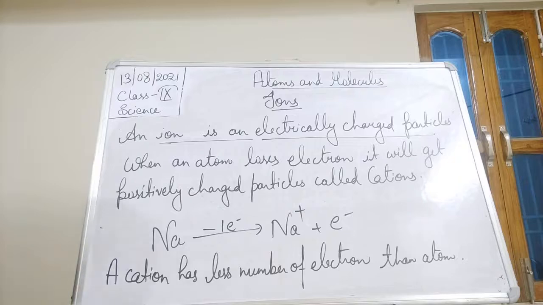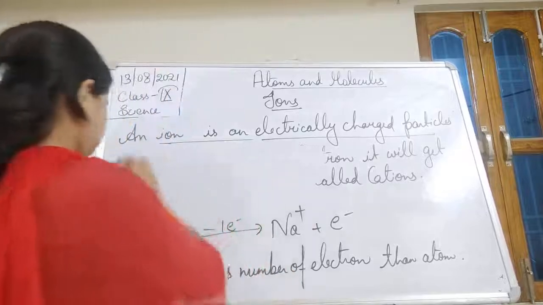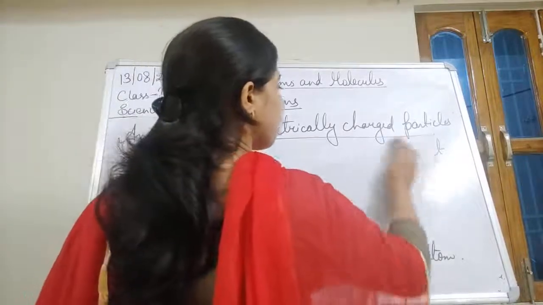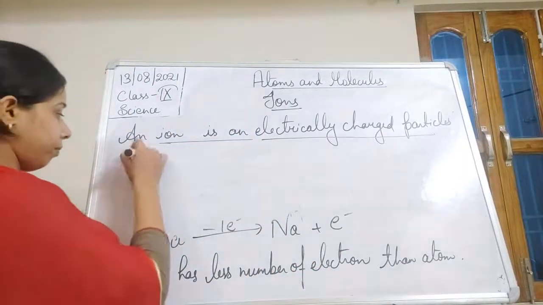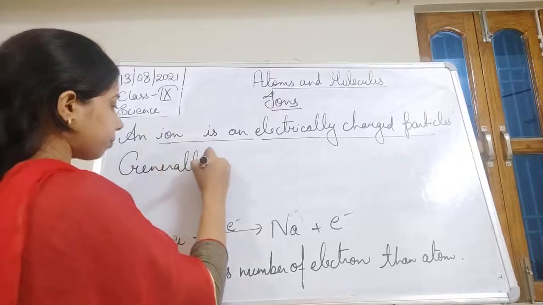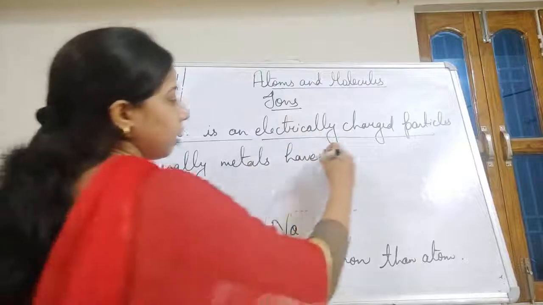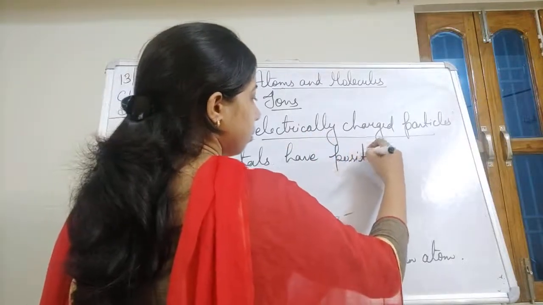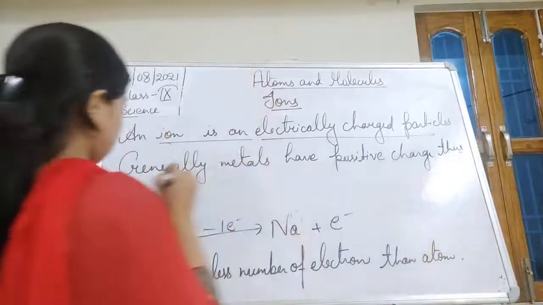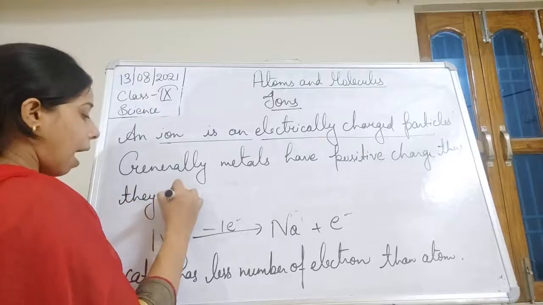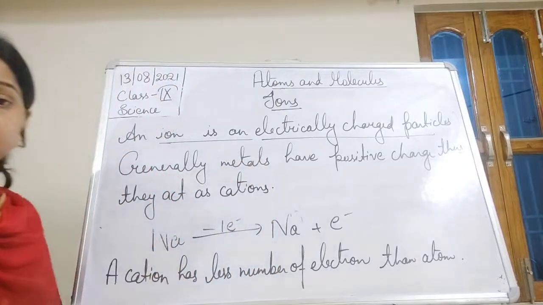So we can say here that generally metals have positive charge, thus they act as cations.